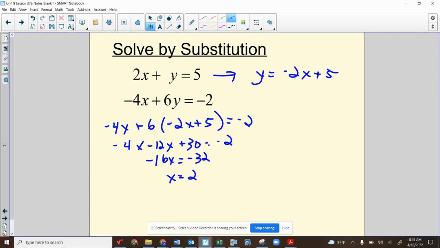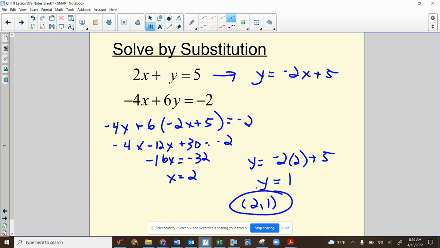I would then take that and put that back into either this equation or this equation. Doesn't matter which one. They'll all give you the same answer. So I'm going to plug it into this one here. So that would be negative 4 plus 5, which would be 1. So the solution to that would be 2, 1.